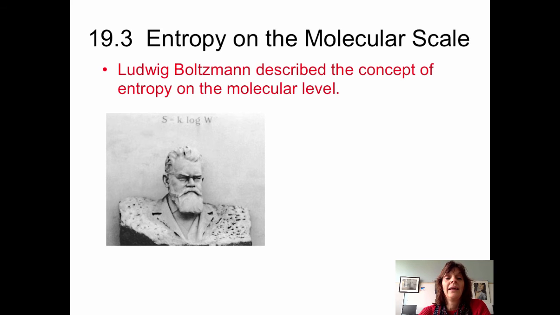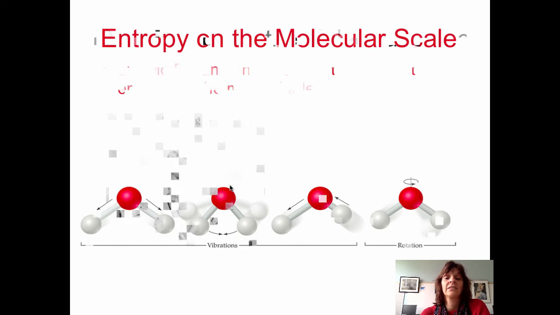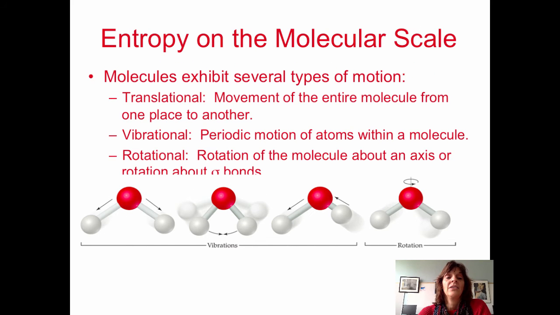All right, a man named Ludwig Boltzmann described this at a molecular level. So he talked about that randomness as being caused by the possible motions of a molecule. And not only can they move translationally, from one place to another, the entire molecule, but the molecule itself can vibrate.